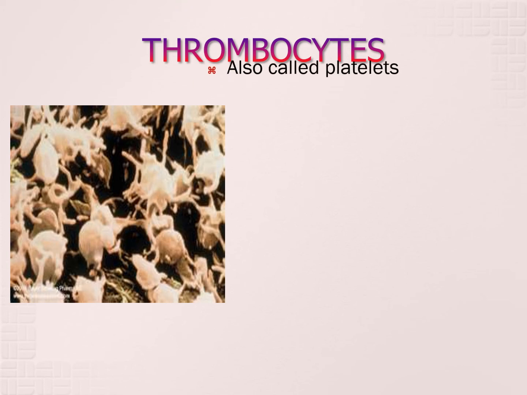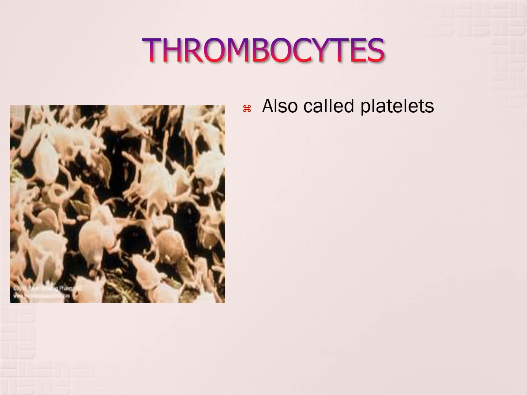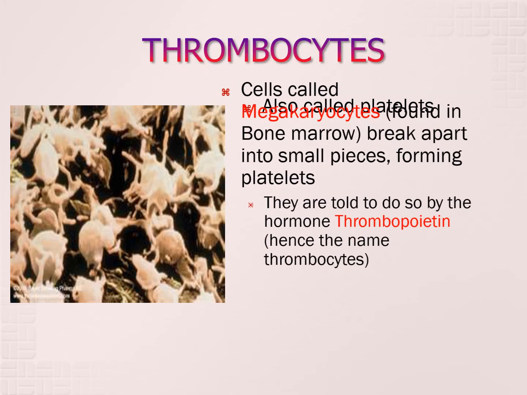But thrombocytes are commonly called platelets because these aren't actually full-blown cells. When you take a plate and drop it on the floor and it breaks into all these pieces, each of these pieces is called a platelet. Because thrombocytes, or these platelets, are actually bits of cytoplasm from larger cells. So by definition, they're not really a whole cell. So their scientific name is a thrombocyte, but again, when you see cyte, that makes you think of a round cell, when in reality, they're small pieces.